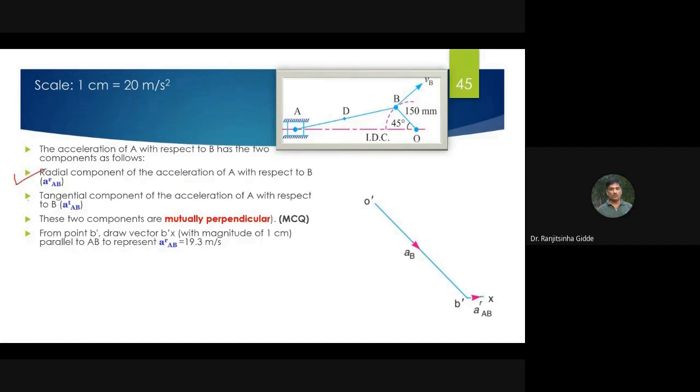Then next line you can write: tangential component of acceleration of A with respect to B, in bracket ATAB.